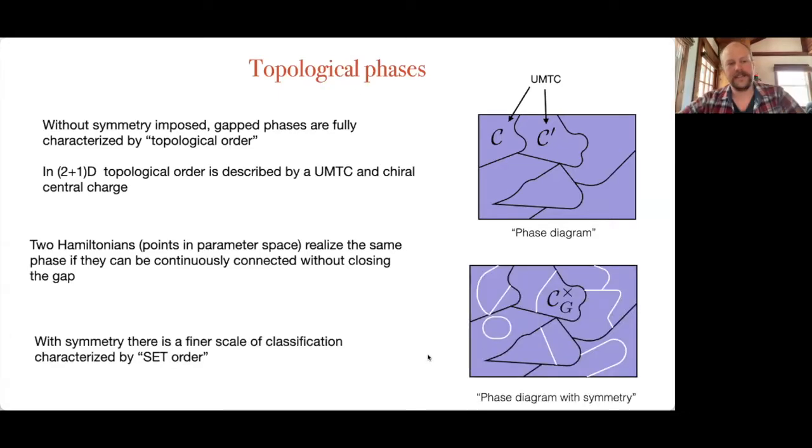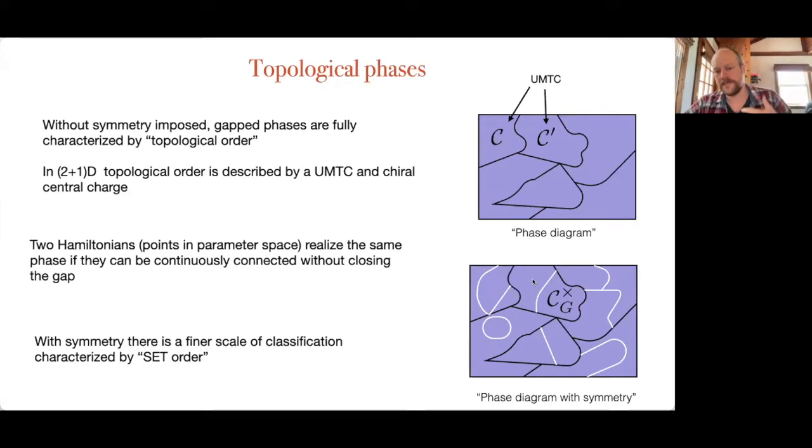The second axis of complication that we're going to consider today is what happens when we add symmetry to the problem. So of course, not all Hamiltonians are symmetric under every group. So certain parts of parameter space are going to be thrown away. And moreover, the way that symmetry is realized on a particular phase may happen in different ways. So that's what I've tried to represent by this diagram on the bottom here. Each region that was labeled by C previously is still present.